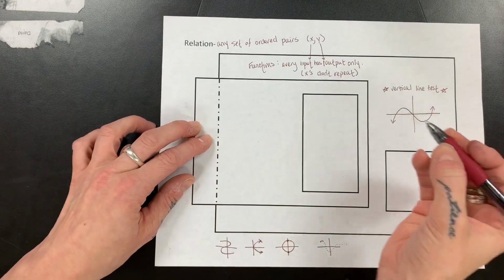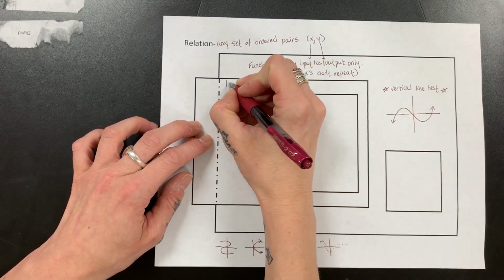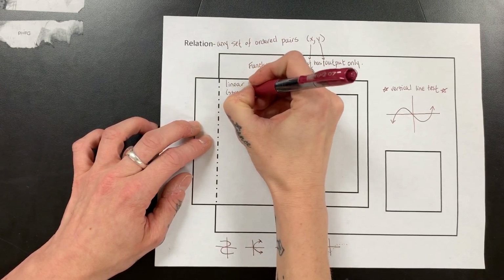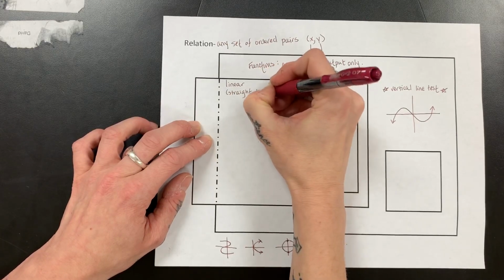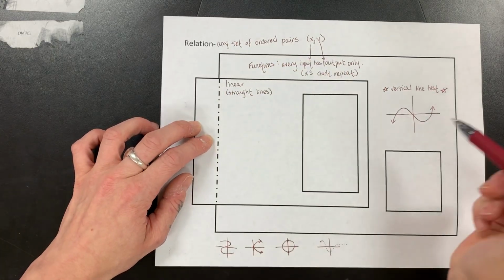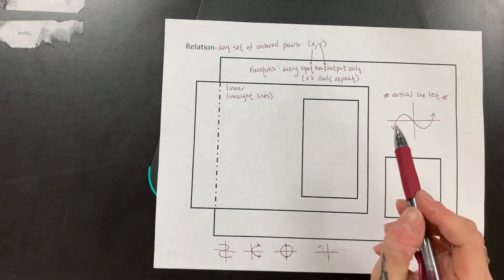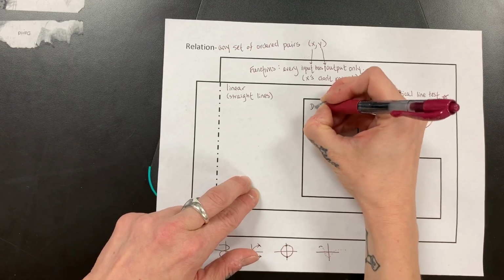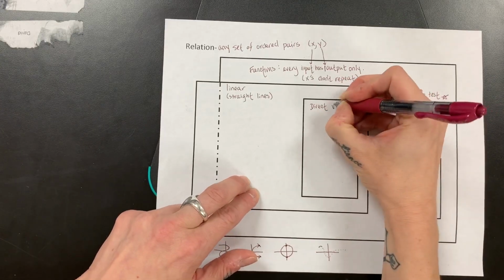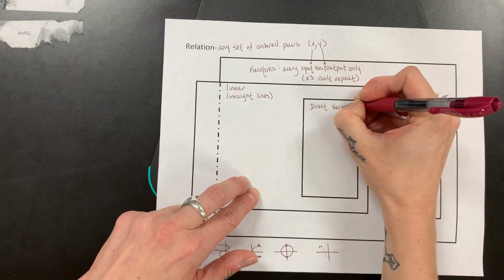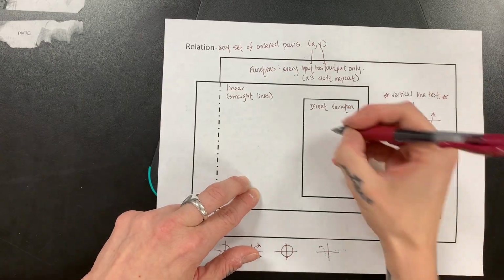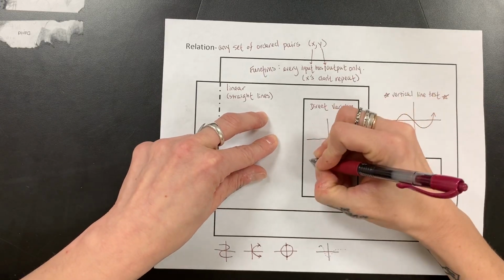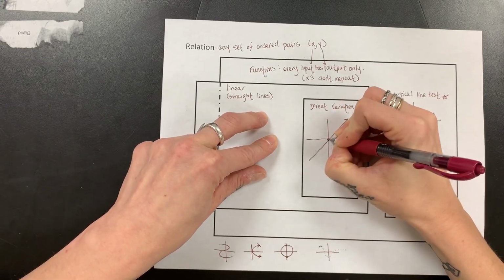So the big functions that we talk about are these linear functions, right? These straight lines. And within those linear functions, we've got 2 big categories. We've got this direct variation category, where all of these direct variation graphs go through the origin.